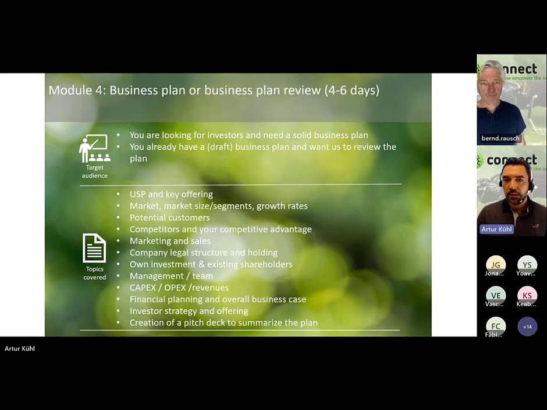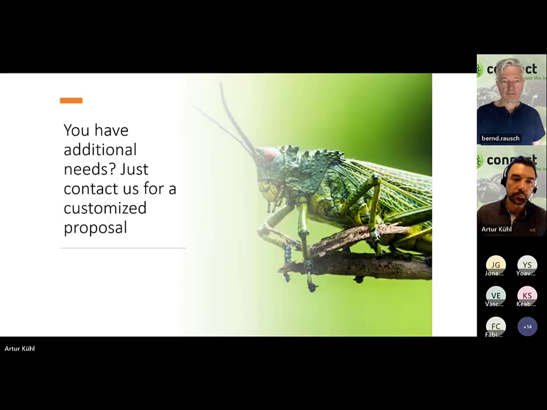And lastly, if you already have something and would like someone to have a closer look at what you're doing, getting some more feedback, a review of documents like the business plan, etc. is also possible. It's the same thing as you do with lawyers or tax people. Before making decisions that might cost a few euros, it's much easier to have someone from the outside have a brief look at what you're doing.